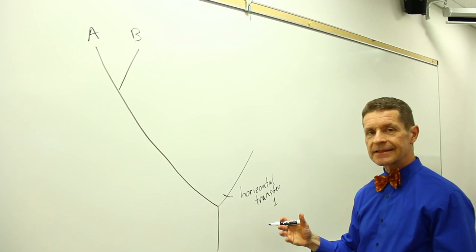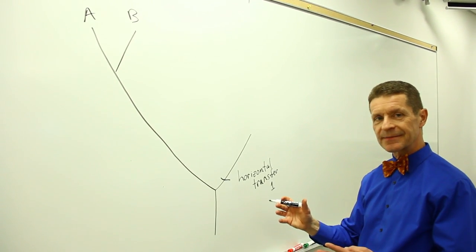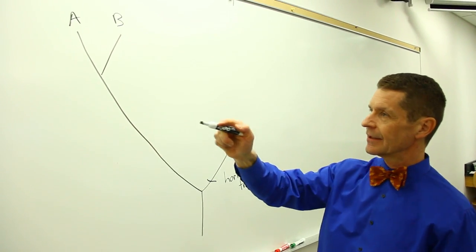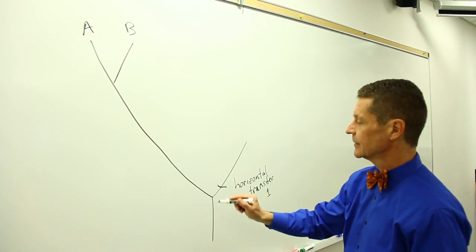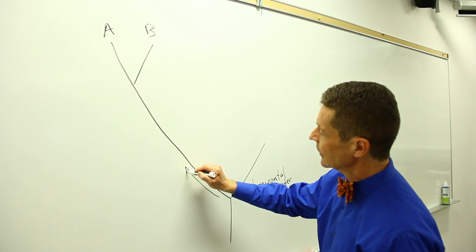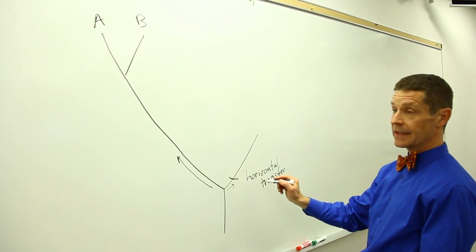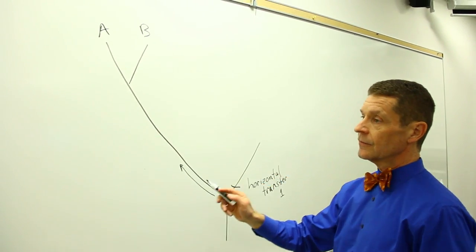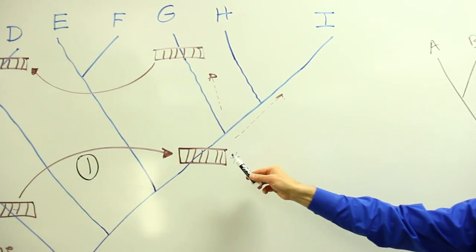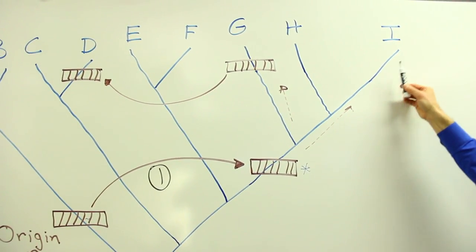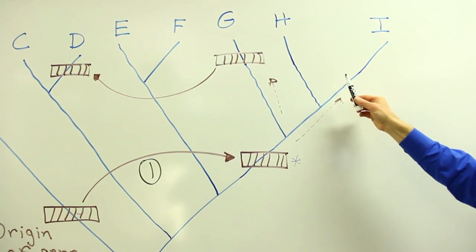And interestingly, it doesn't matter what organism this gene sits in. As time passes, whether it's on that branch or that branch, changes occur. Here during vertical transmission, here after a horizontal transfer. So now we've got this lineage of that gene going to GHI.